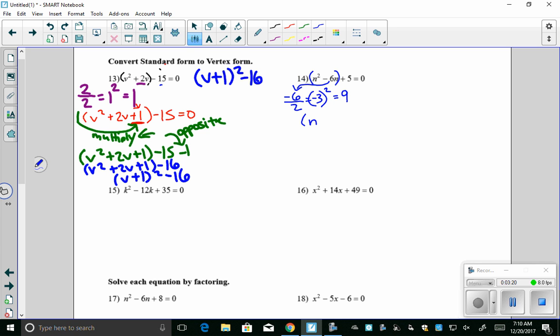So you're going to write n squared minus 6n plus 9 plus 5. This goes here. Now you have to put the opposite here. So if it's a positive 9, you're going to subtract 9, because 1 times 9 is positive 9.